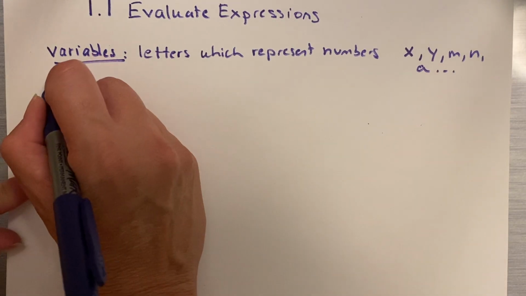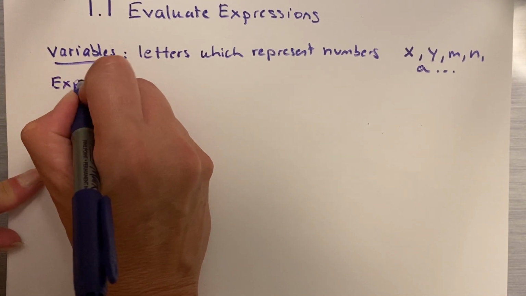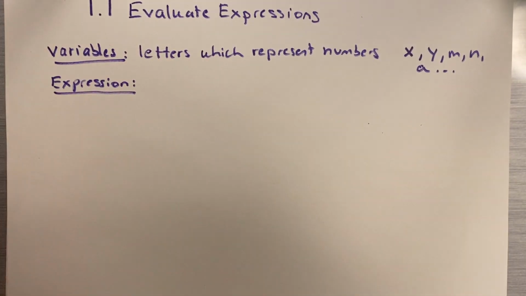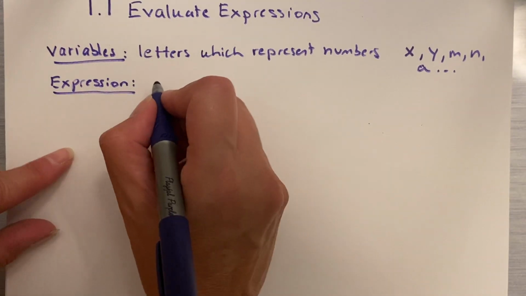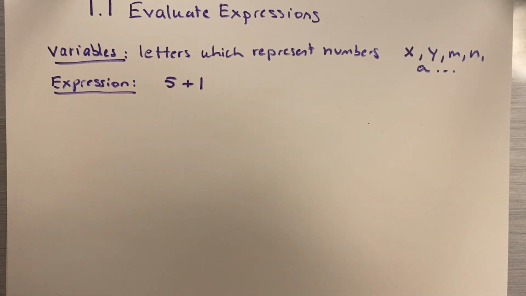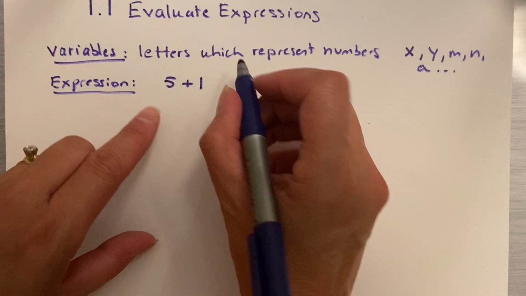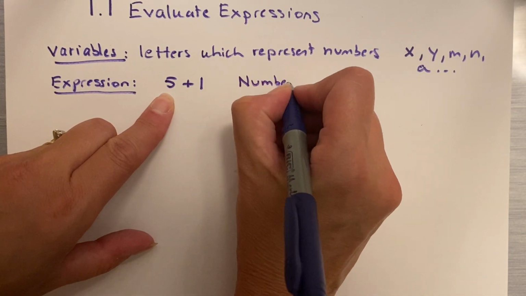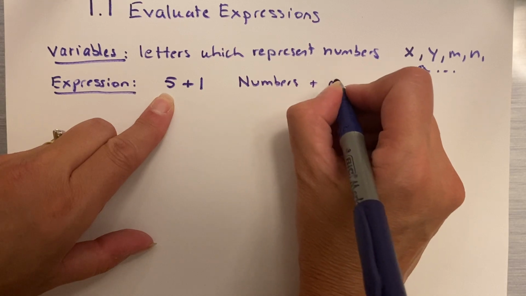An expression is something you've been doing since you were little. This 5 plus 1 is an expression, and it consists of numbers and operators.